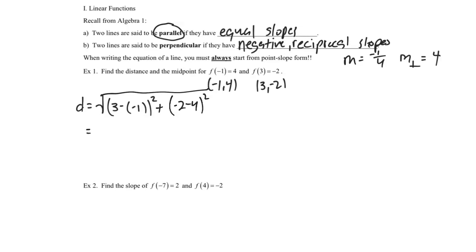This is going to equal the square root of 3 minus negative 1, which is 4, squared gives me 16. And negative 2 minus 4 is negative 6, and when I square that, I get 36. Adding those two numbers together gives me the square root of 52.